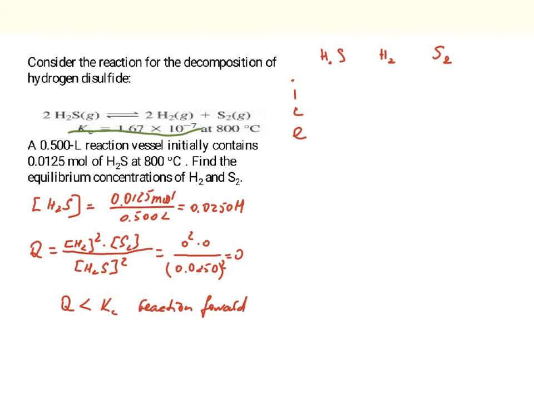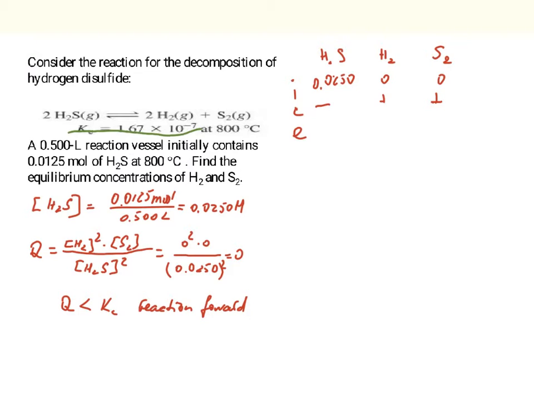So the initial concentration of hydrogen sulfide is 0.0250, and for hydrogen and sulfur it is zero. Now we need to assign signs: negative for hydrogen sulfide and positive for hydrogen and sulfur.